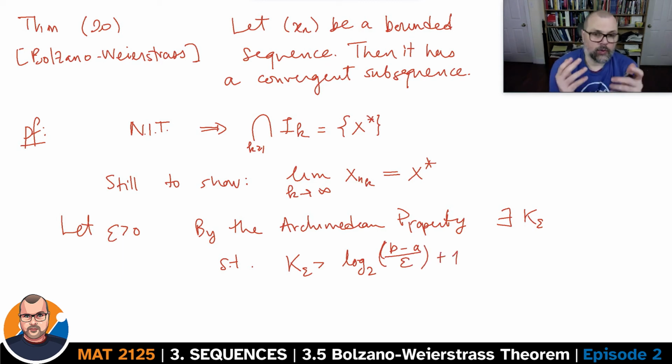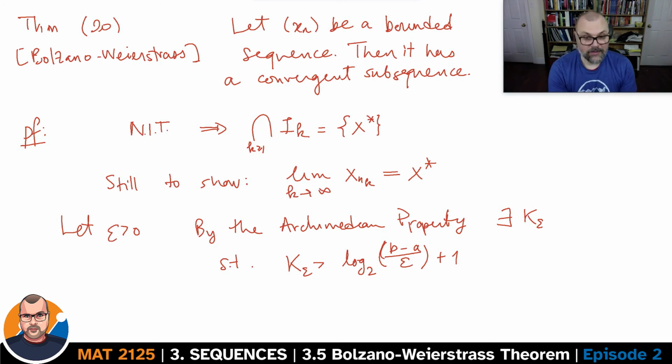Well, we know that's doable. This quantity here is a real number. Epsilon is not 0, so I can divide by epsilon without causing a problem. With the logarithm of a positive quantity, I'm happy. Plus 1, this is a real number. I can find an integer greater than that.